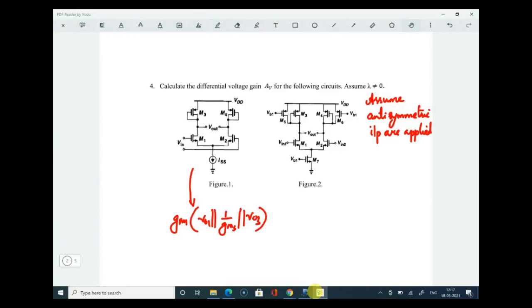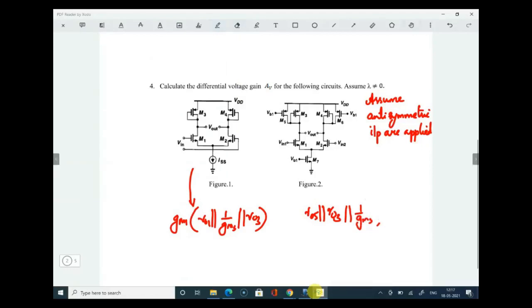Sir, I'm not sure, but I think it's 1 by GM. Yeah, it's RO5 parallel to RO3. Just a minute. Yeah, it's 1 by GM, RO5 parallel to RO3 parallel to 1 by GM3 and that into GM1.